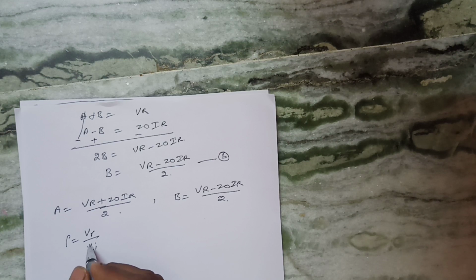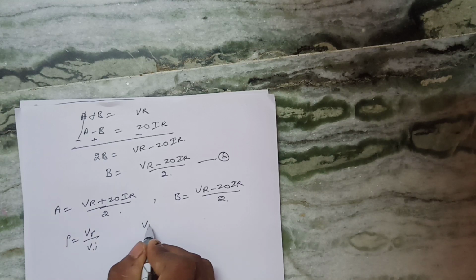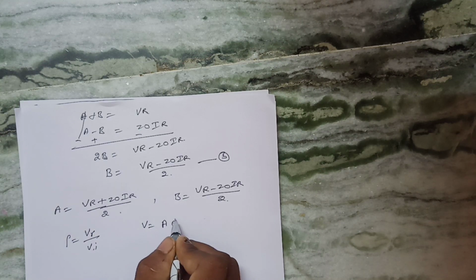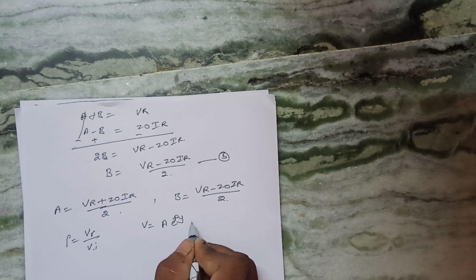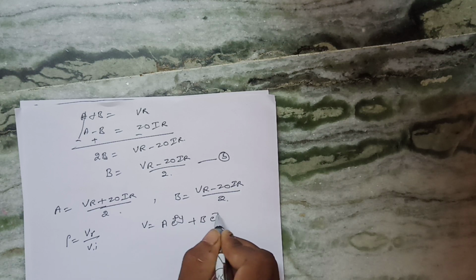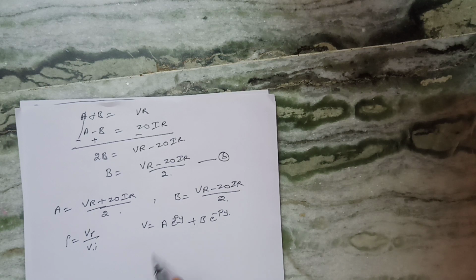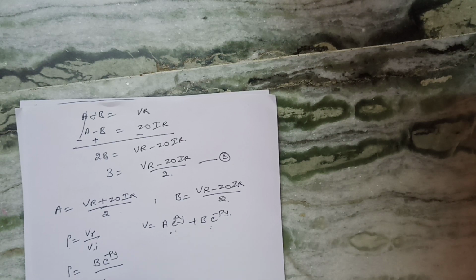Then the reflection coefficient is equal to V_R by V_I, the reflected voltage to the incident voltage. So from the equation V is equal to A into exponential Py plus B into exponential minus Py, the first term is the incident wave, the second term is the reflected wave. So that's why the reflection coefficient rho is equal to reflected wave B into exponential minus Py by incident wave A into exponential Py.